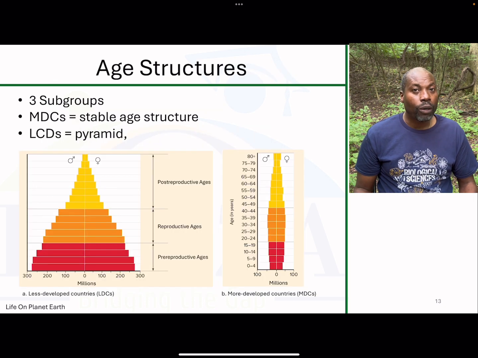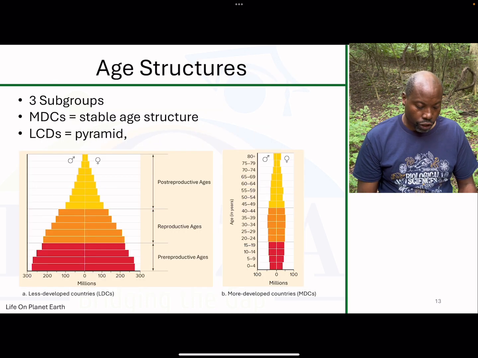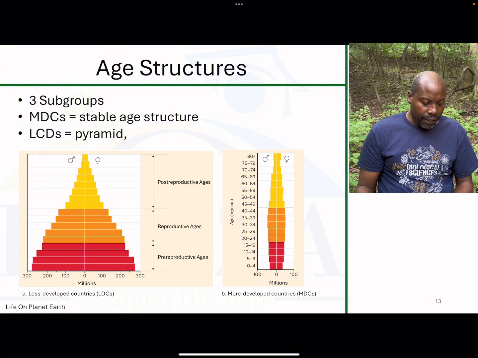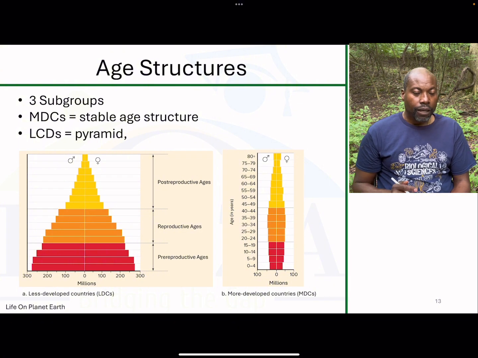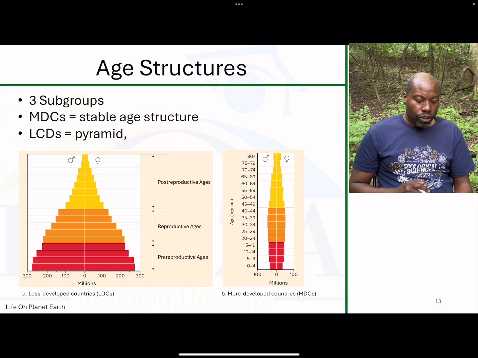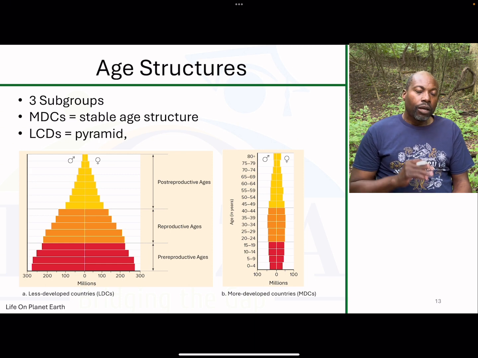When we compare the structure of ages between more developed countries and less developed countries, we notice that the age structure is going to vary tremendously between these two groups. Now, looking at the age structure, we can divide a population into 3 subgroups.